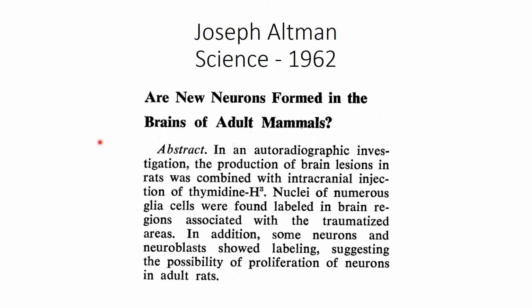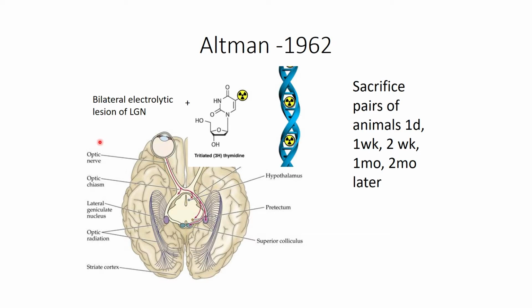So let's talk a little bit about what Altman did in this experiment. This is an experiment that he did in 1962. What he used is something called tritiated thymidine. Now, we all know that DNA is made of the A, G, C's, and T's. The T is thymidine. You can make radioactive thymidine if you make it with something called tritium.